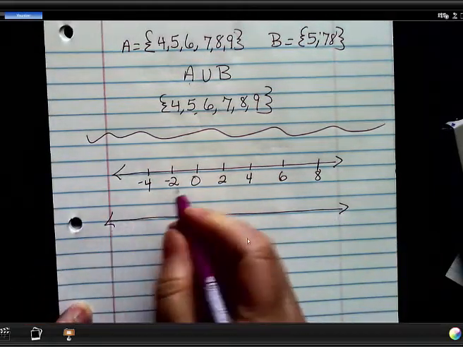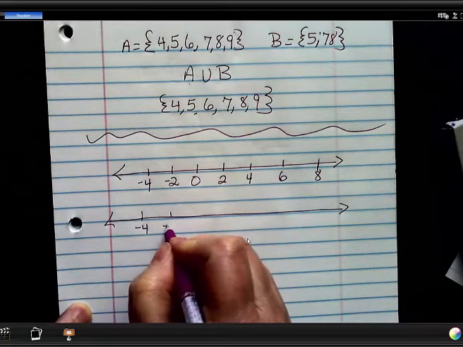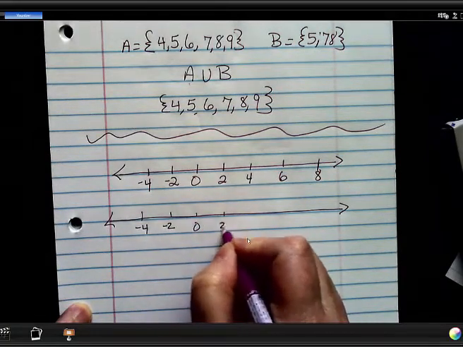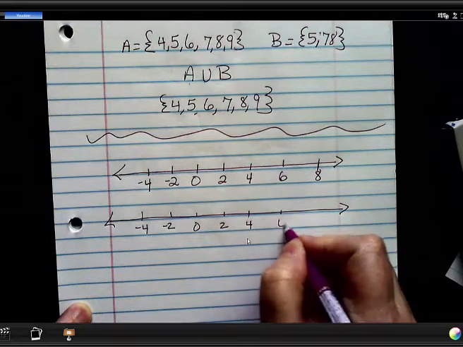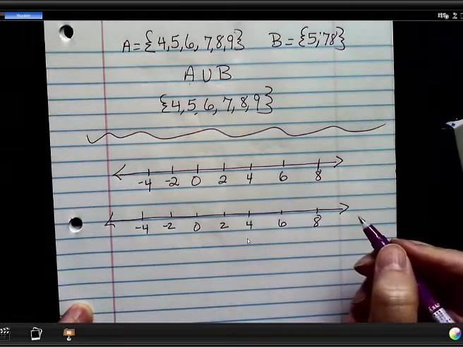Both of them are going to look the exact same, so that you can get a better understanding.